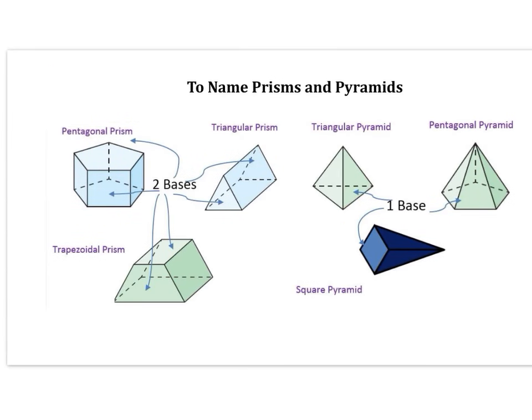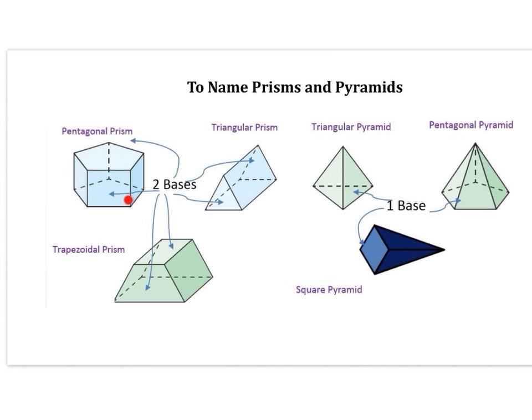All right, to name your prisms and pyramids, the main difference is the number of bases. So prisms have 2 bases, pyramids have 1 base. And make sure you identify your bases correctly. The examples we have here are prisms.